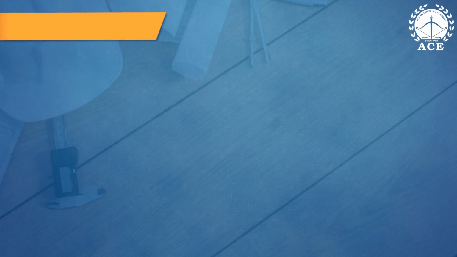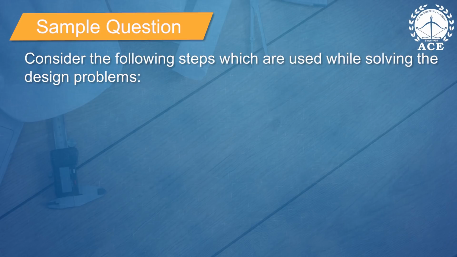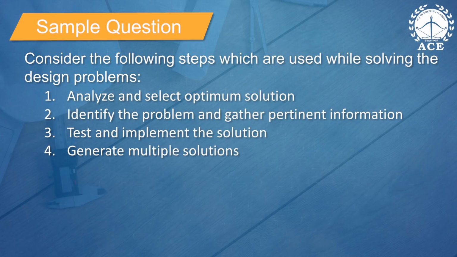Let us take a sample question from what we have learned so far. Consider the following steps which are used while solving design problems. Statement 1: Analyze and select optimum solution. Statement 2: Identify the problem and gather pertinent information.